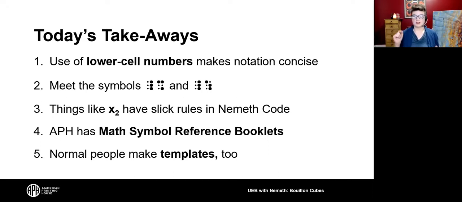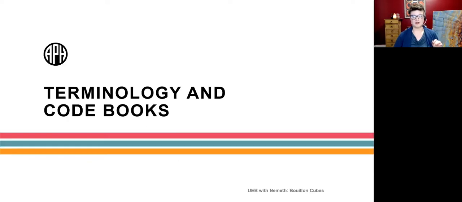We are going to talk a little bit about the APH product math symbol reference booklets, and we're going to appreciate the fact that normal people make templates too, and talk about how maybe we can make templates for work that we do in future, and look at one place in Braille Blaster where a math-related template is available to you. That's our quick summary of what we're doing today.